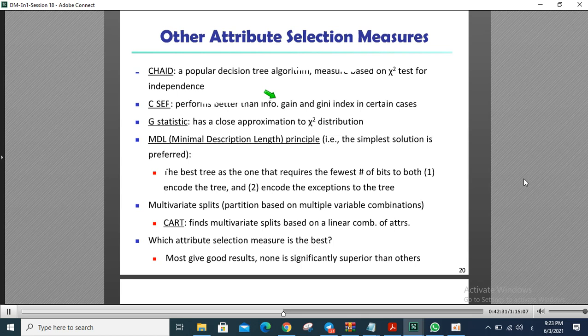For example, in the CSEP classifier, in some cases, the behavior of the classifier is better than using information gain and Gini index, or in geostatistics.